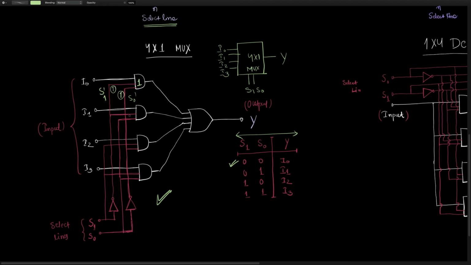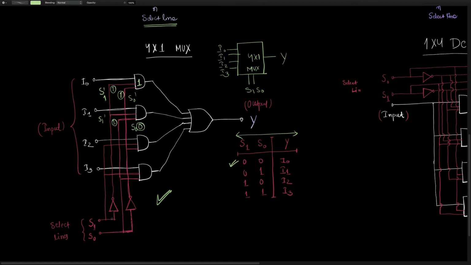Now the other inputs, S1 complement here, S0 here, not complement, simple. So you can say one input is 1 here.